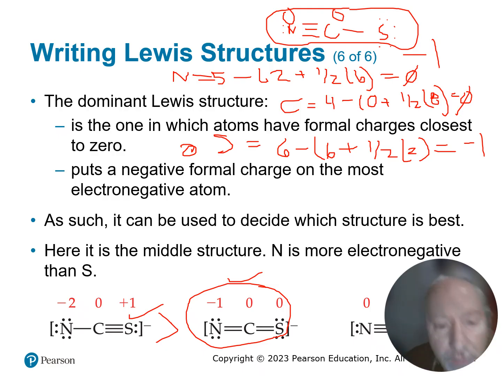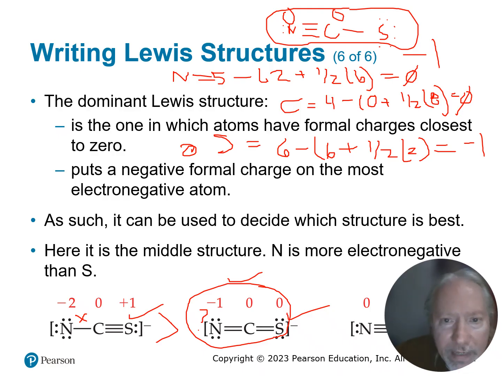So when we compare these different resonance structures that can have a different array of electrons and still meet the octet rule, then we have to look at the formal charges, and we want to put the negative charge on the most electronegative atom. And the most electronegative atom here is sulfur, okay? So putting a -2 on nitrogen, that's a bad idea. Putting a -1 on nitrogen may be a bad idea. We don't know.